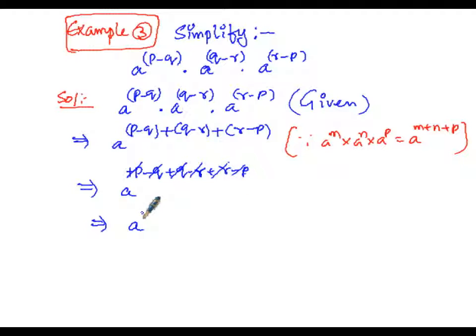Therefore a to the power of 0 will be written as 1. Since the identity is a power 0, whose value is equal to 1. Anything raised to the power of 0 equals 1. So hence a to the power of p minus q into a to the power of q minus r into a to the power of r minus p's value is equal to 1.